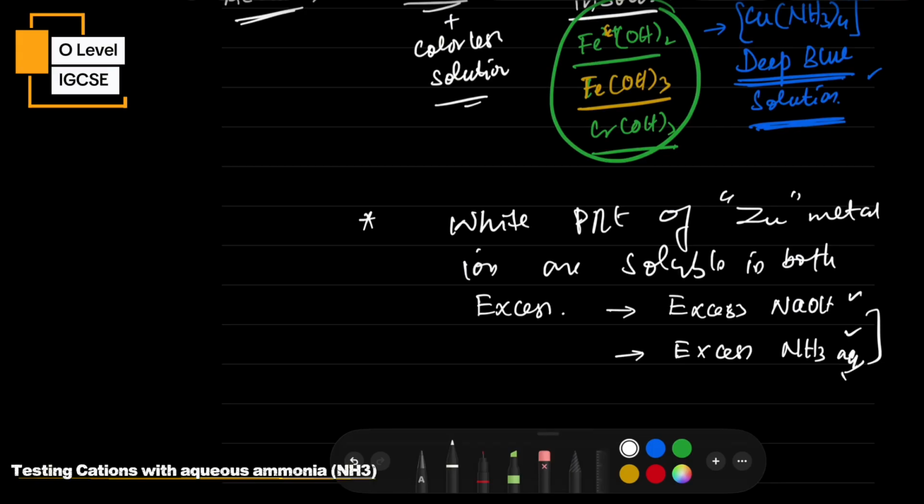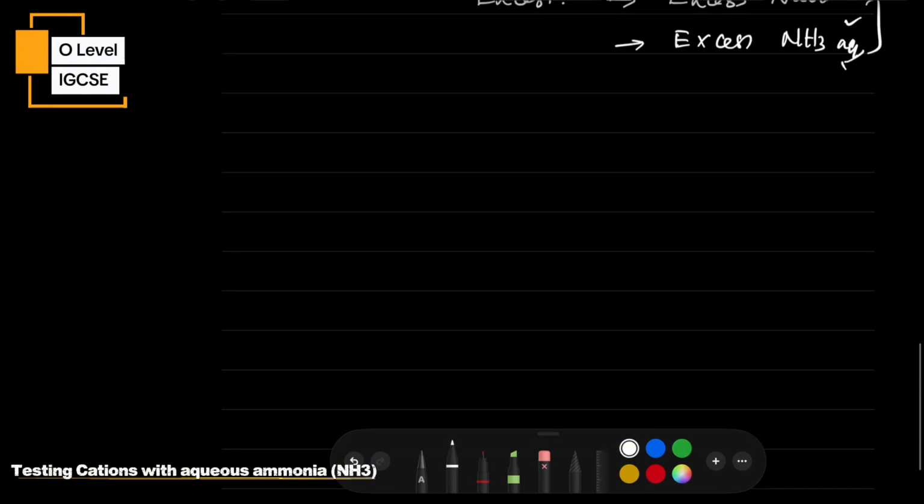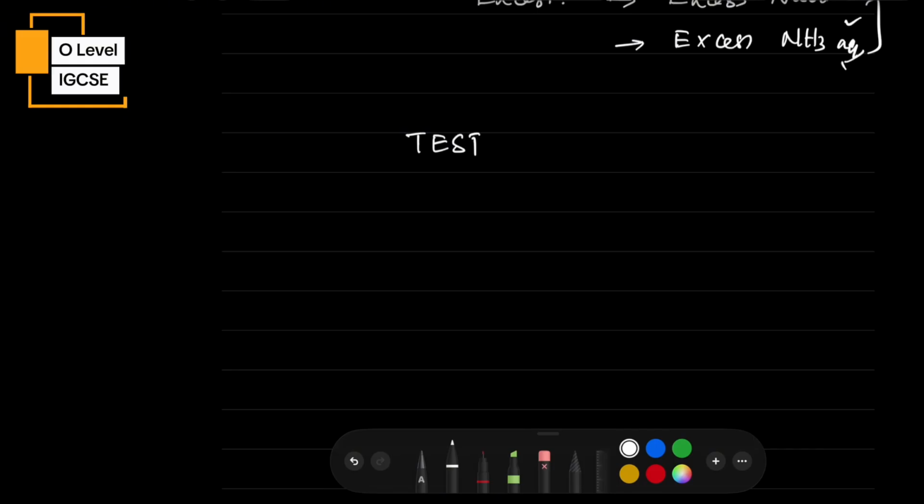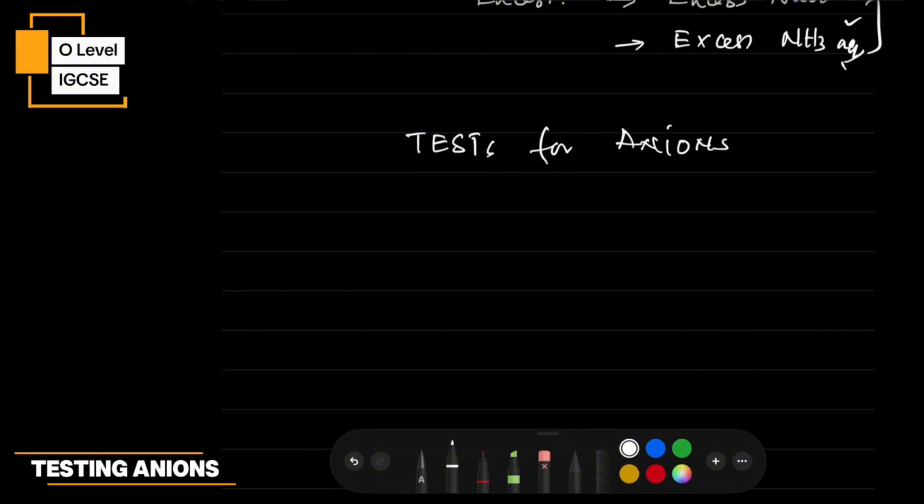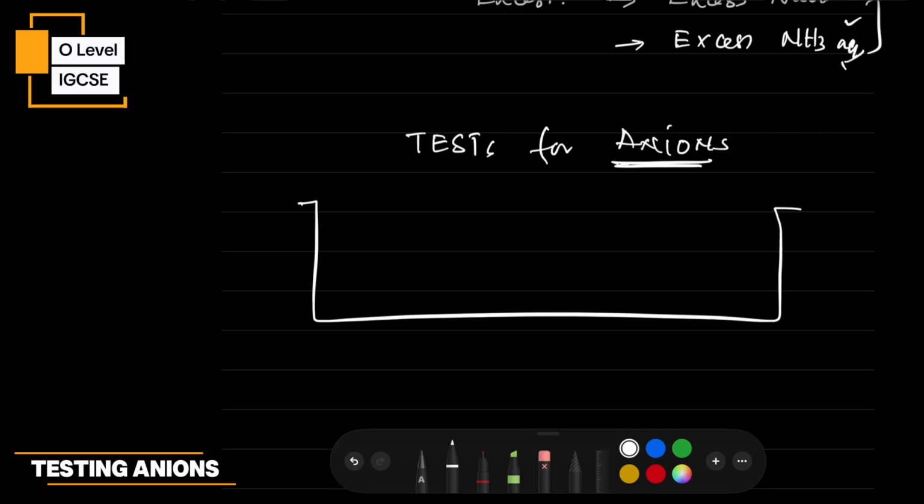Now it's turn for the next, that is tests for anions, negative ions. Basically, I'm going to write the list of overall negative ions as far as the O-levels chemistry syllabus is concerned.